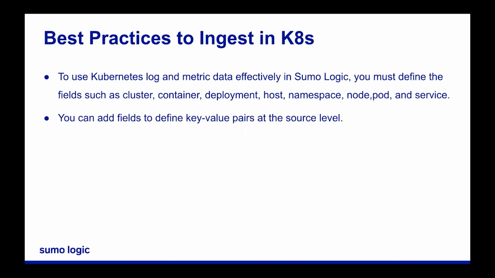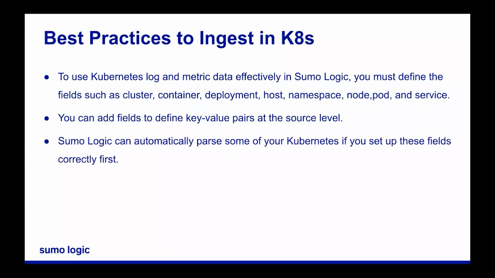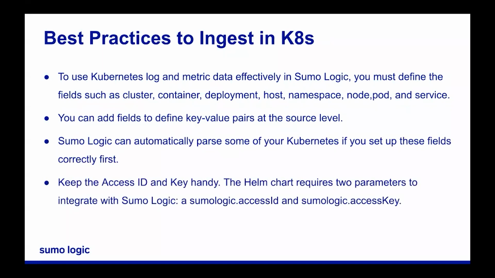Maybe you want to create a key value pair of business unit equals, and then accounting or marketing or whoever you're charging it off to. Okay. Sumo can automatically parse some of your Kubernetes data if you set these fields up correctly first. And then again, remember that we created a Sumo Logic access ID and key. We're going to need that information as we go through this process.